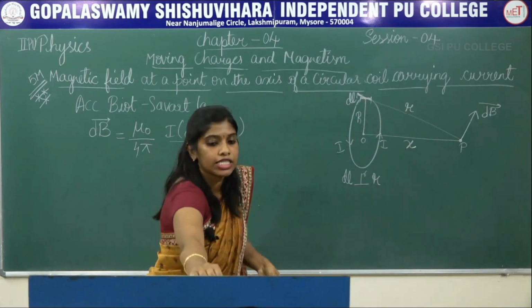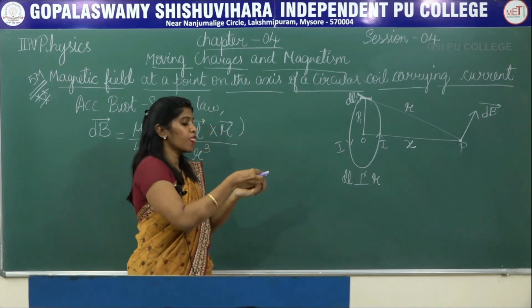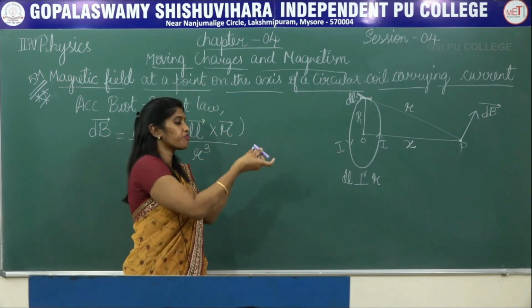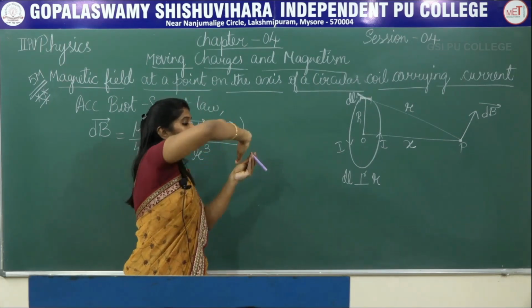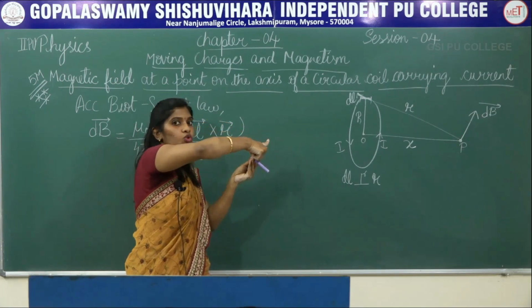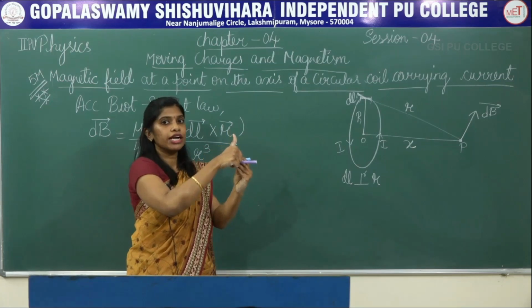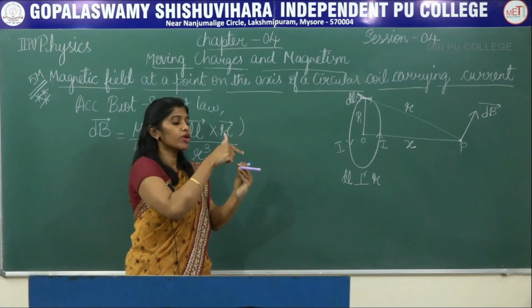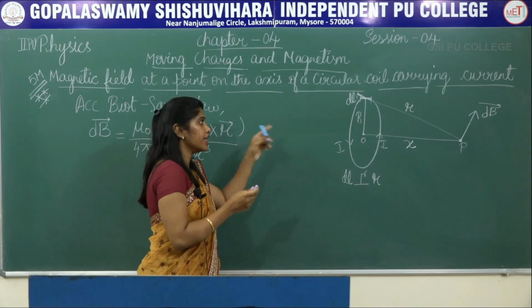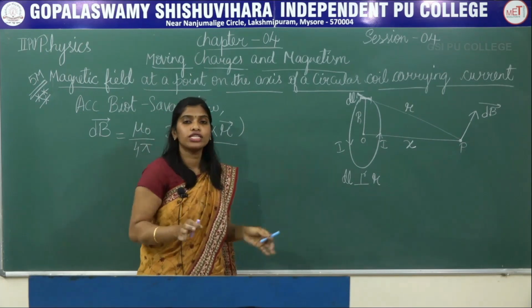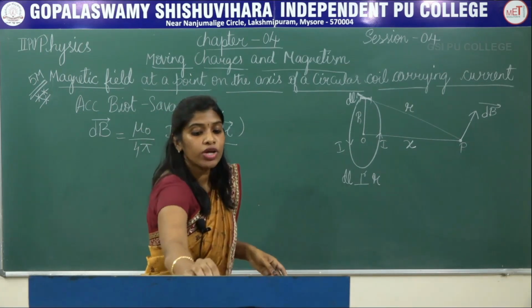So once again I will explain the direction of dB. If this is dl and this is r, dl cross r is the direction of magnetic field. You can see all the three, dl, r and dB, are perpendicular to each other.